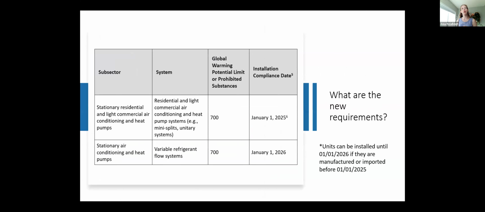Residential systems will be required to use A2L refrigerants starting January 1, 2025, and they will have to meet the maximum allowable refrigerant charge requirement or be provided with detection systems.